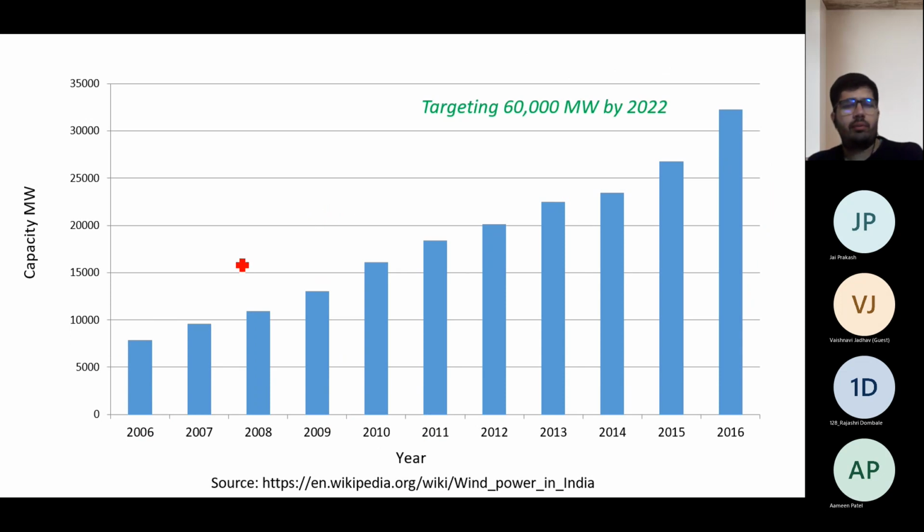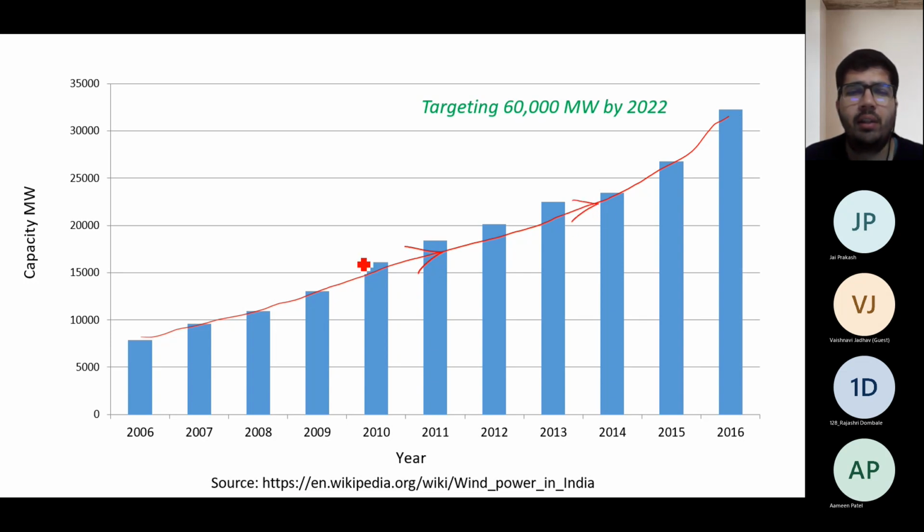This is the graph for India, from 2006 and 2007 onward, and the installed capacity is increasing every year. You can see the trending pattern; the slope is steadily increasing.